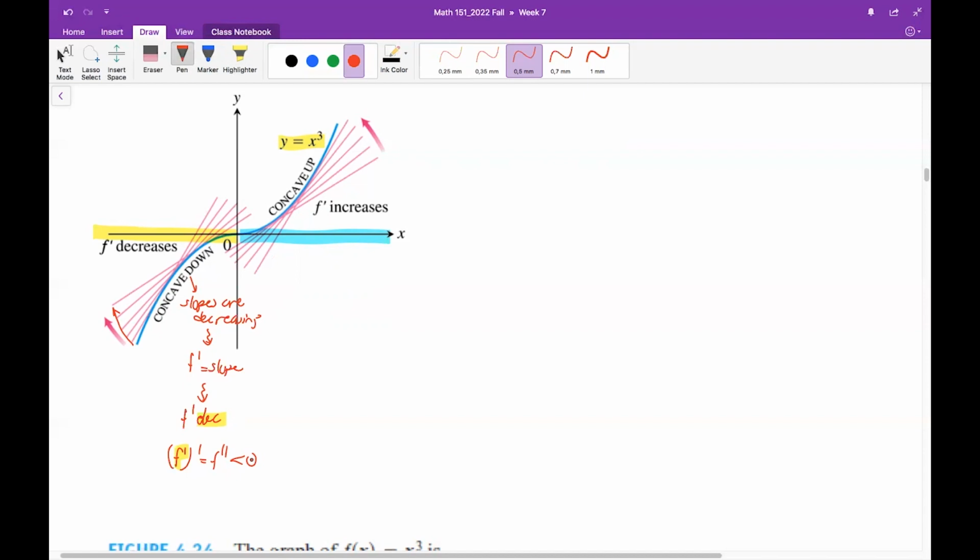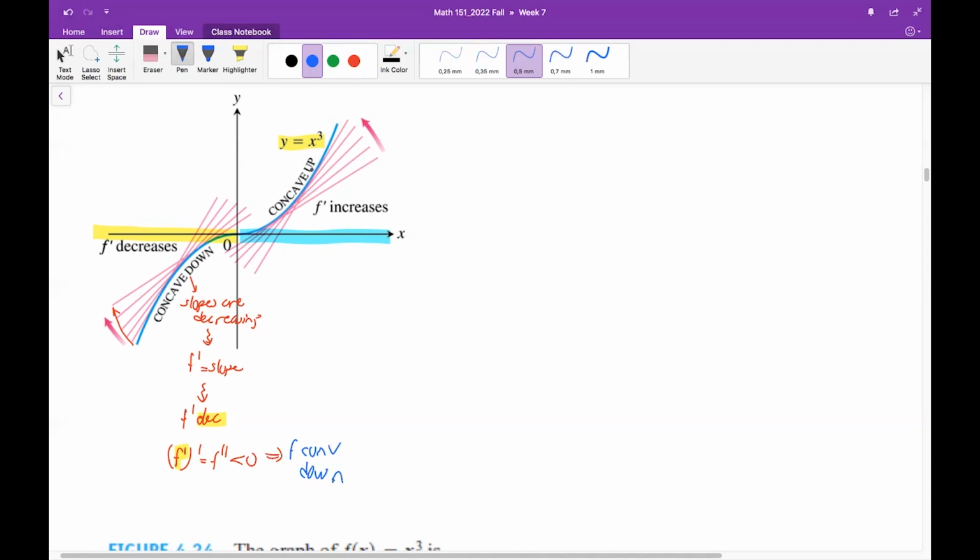If your curve lies below the tangent lines, it is called concave down, and this happens when the second derivative is negative. So then I can write here that f is concave down.